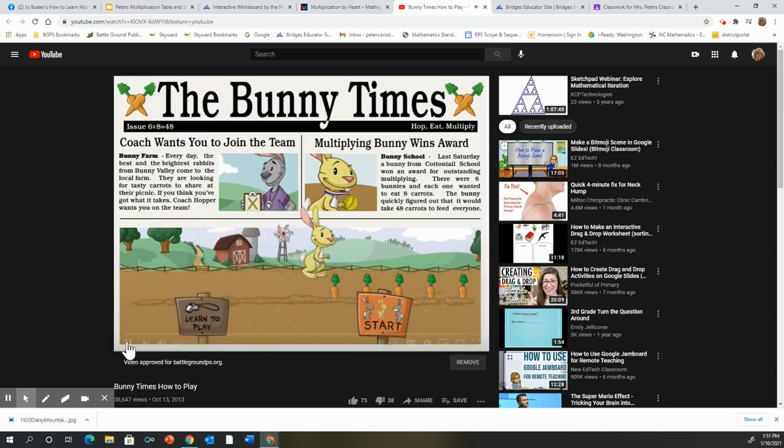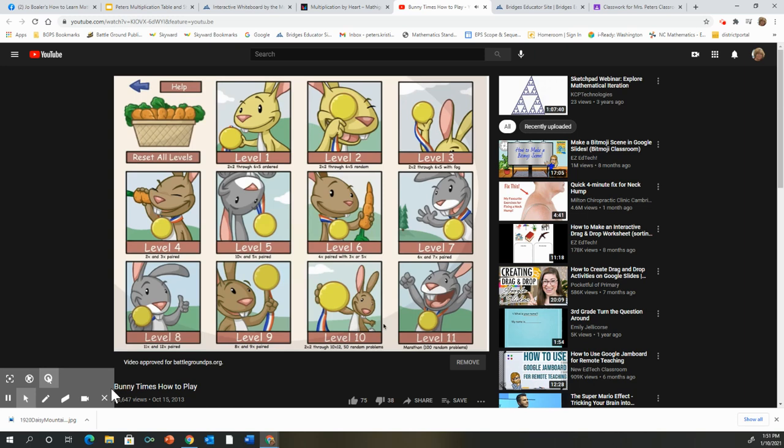Welcome to Bunny. It's cat season on the farm. Your job is to tell the bunny how many cats there are. Let's learn how to play. Tap here to start. I've been playing level 1. I want to finish the level, so I'll tap here to go back to it.